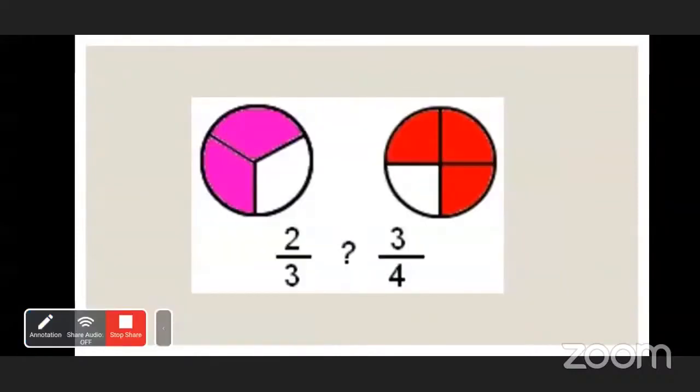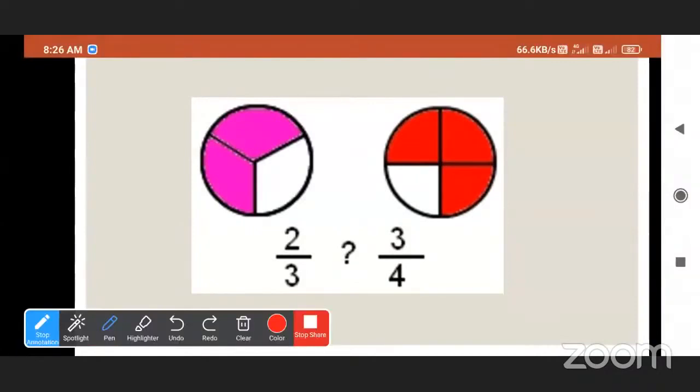Okay, now tell me: is 2 upon 3 greater than, smaller than, or equal to 3 upon 4? Compare these two. Observe these two diagrams and tell me the answer.